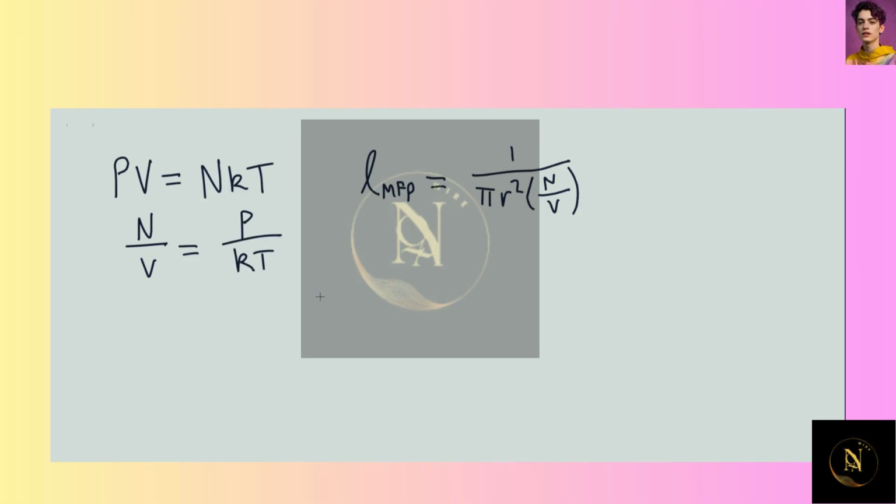We can combine that with the mean free path expression to give us kT over pi r squared P.